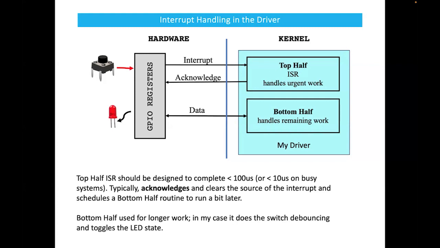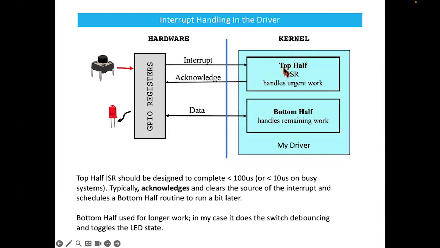So normally in that top half, you just acknowledge the hardware that sent you the interrupt, and then basically say, okay, I've seen your request. Now leave me alone, and I will deal with you.